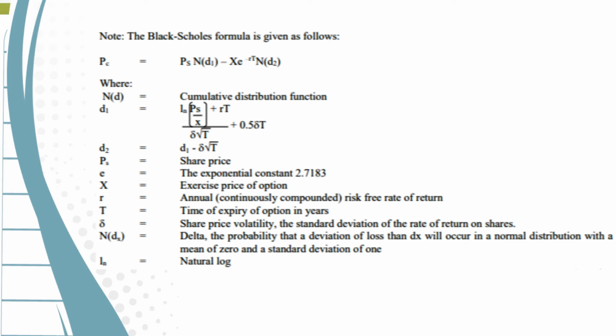Note, the Black-Scholes formula is given as follows. So you have the price of the call formula there. So candidates, now that the formula is provided, the examiner was generous enough to give you the formula.